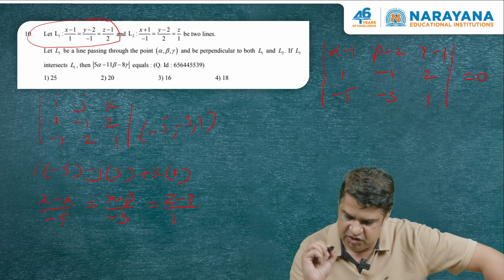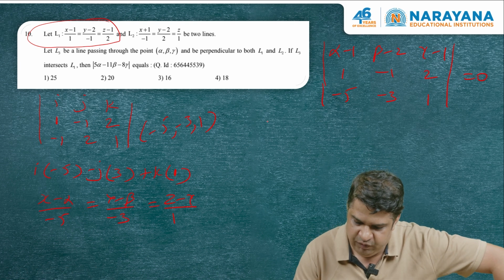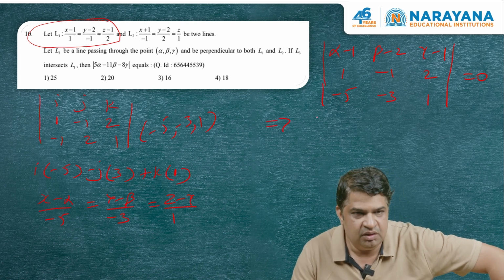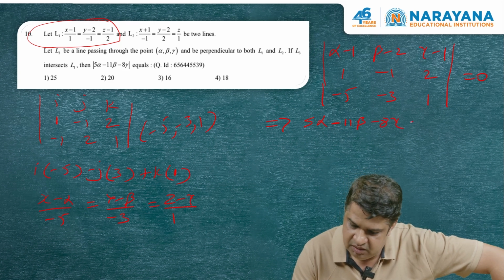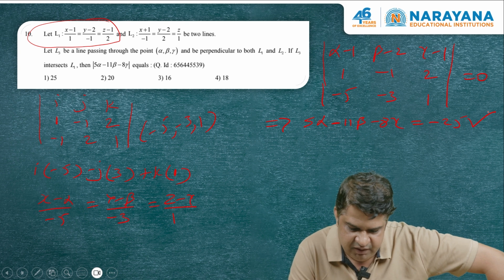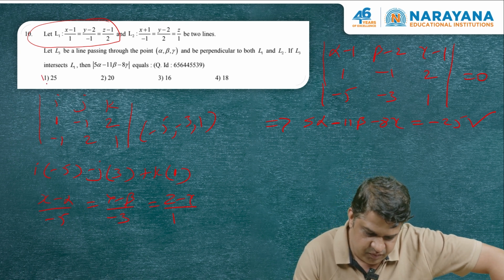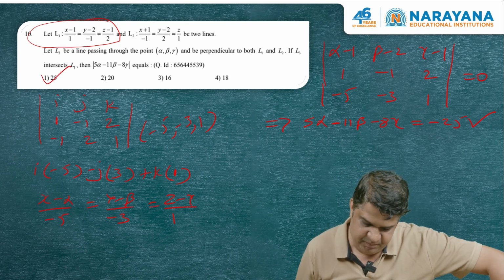This determinant must be equal to 0. When you expand it, you will get 5 alpha - 11 beta - 8 gamma = -25. So our answer will become 25.